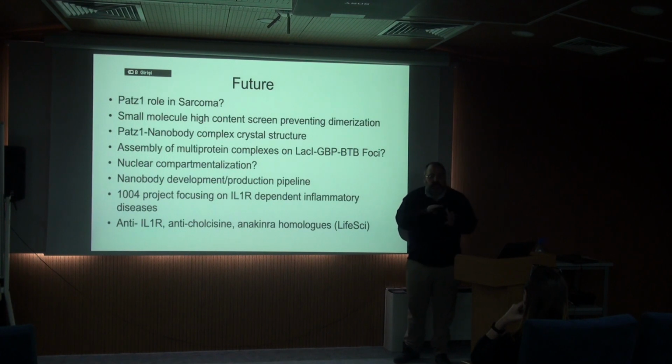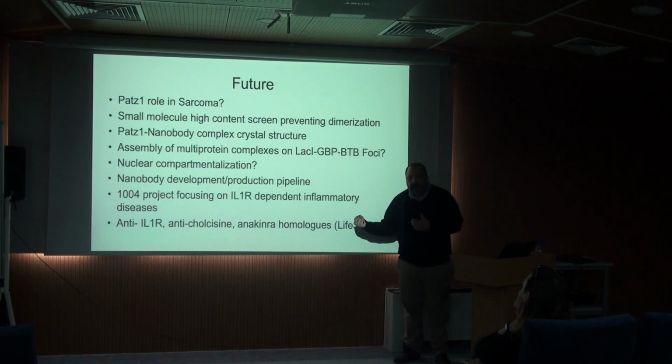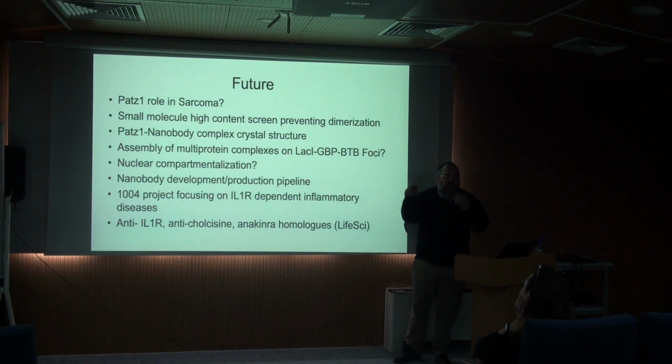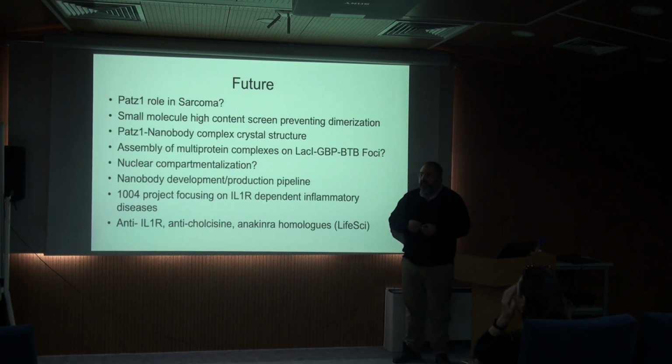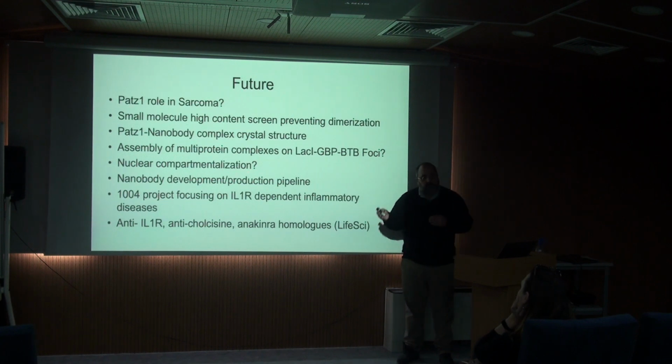And perhaps a repressive chromosome domain is forming on the foci. And we can address this by precipitating these foci and then trying to identify what's present there. Are there histone deacetylases? Are there activating proteins? Is there RNA polymerase? Where is the location of this protein inside the nucleus? Is it near the nuclear lamina? We don't really know these.